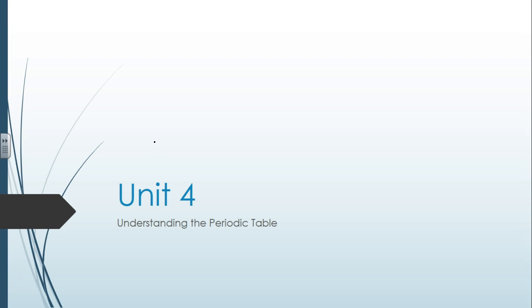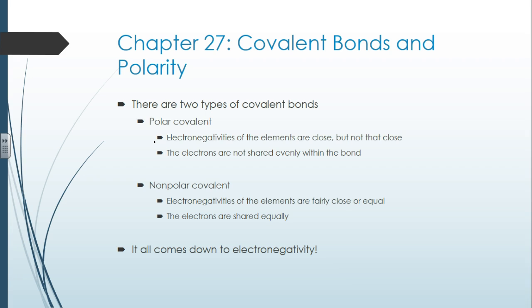This is Unit 4. And in this video, we're going to be talking about Chapter 27, and that's covalent bonds and something called polarity. It's probably no secret that we've been talking about electronegativity a lot. There are other periodic trends, but electronegativity seems to be the one that we end up talking about a lot because of its importance in compounds.